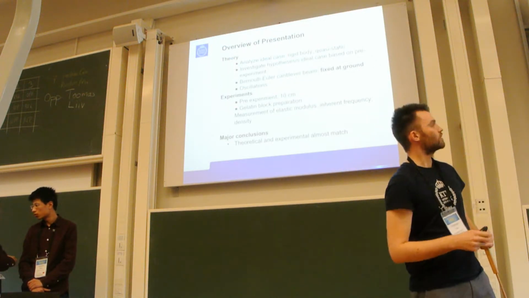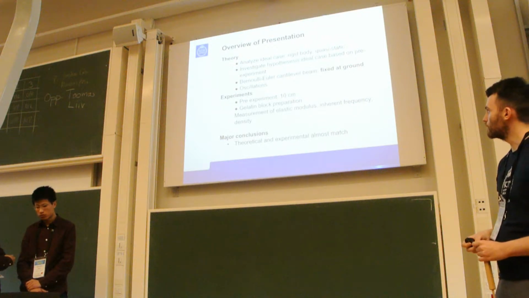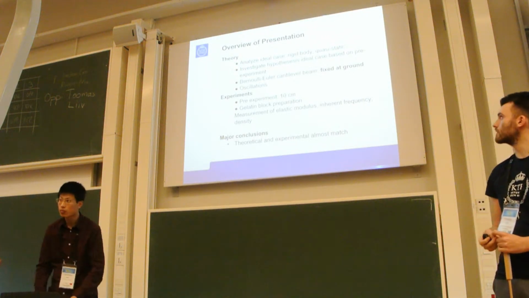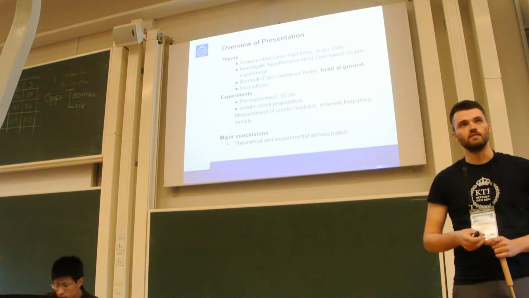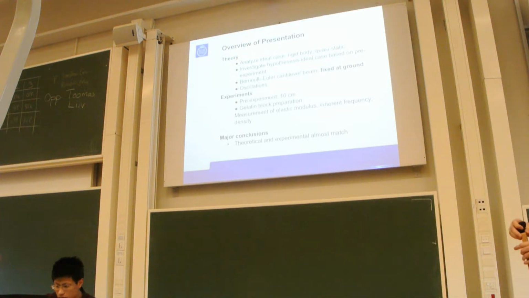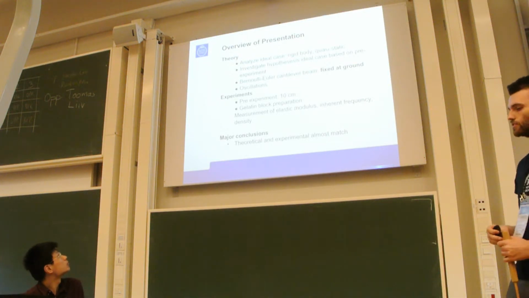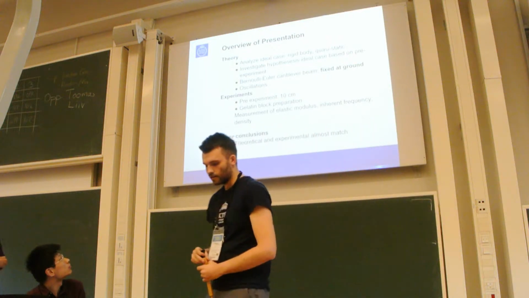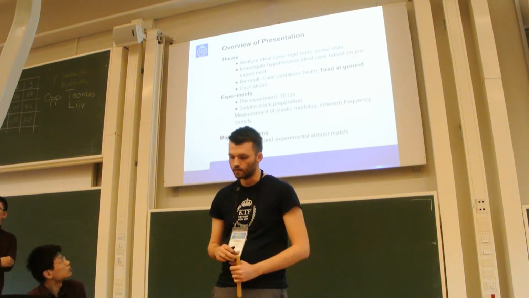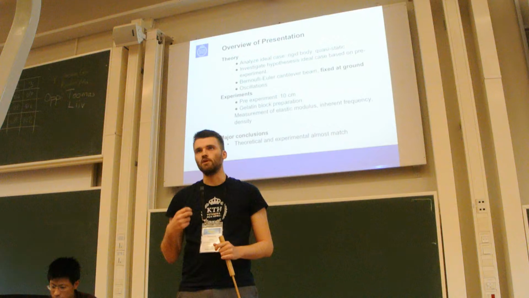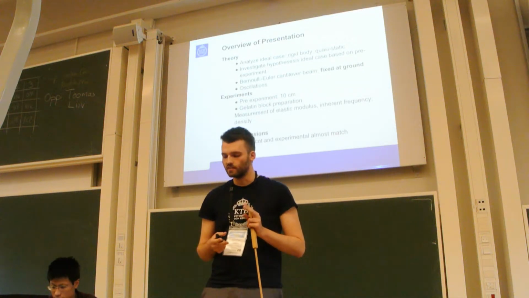For an overview of the presentation, in the theory, they first analyze the ideal case and see it as a rigid body and a quasi-static process. They investigate their hypothesis with a pre-experiment to see that the height is around 10 centimeters.